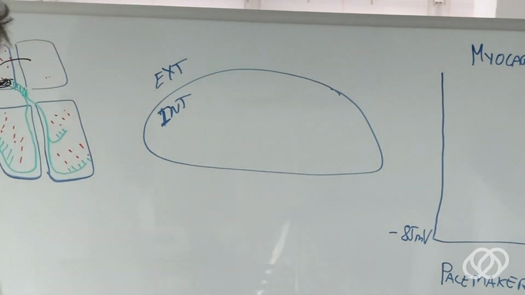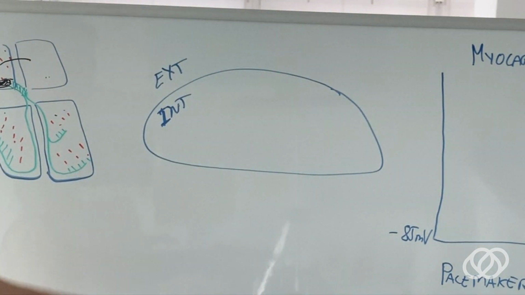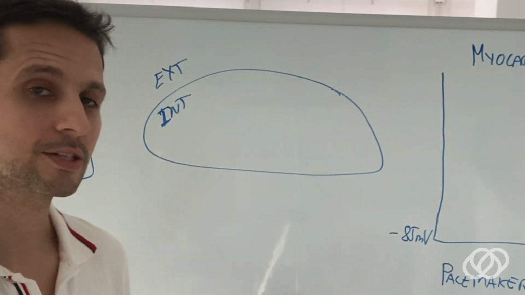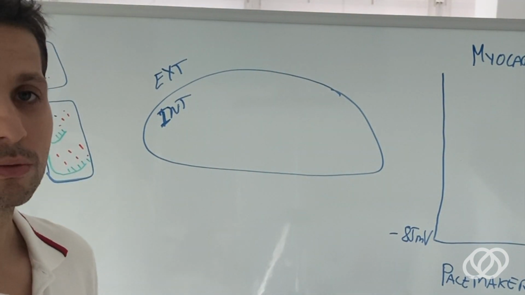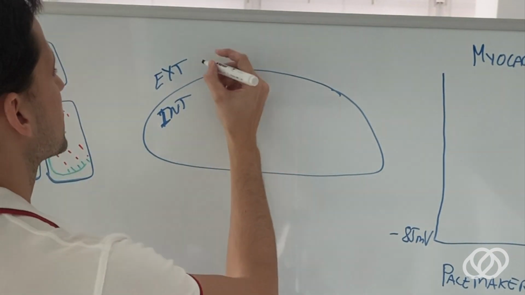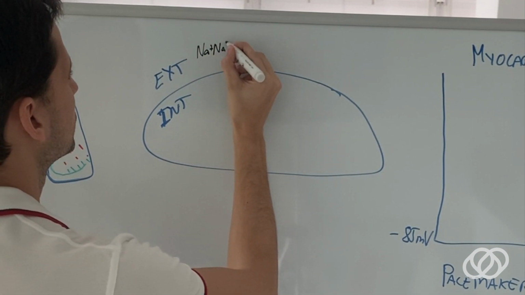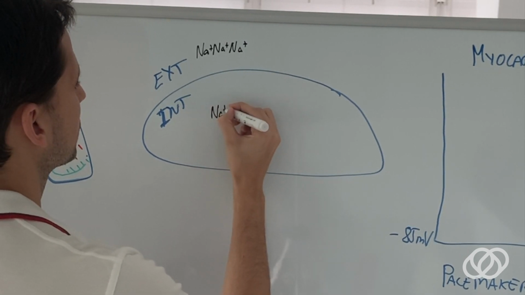And usually the charge of the cell depends on the cations that we have in either part of the membrane. So, usually there are three cations that we have to take in account that are sodium, calcium, and potassium. When we talk about sodium, we know that there is a lot of sodium in the outside of the cell, and there is much less sodium in the inside of the cell.